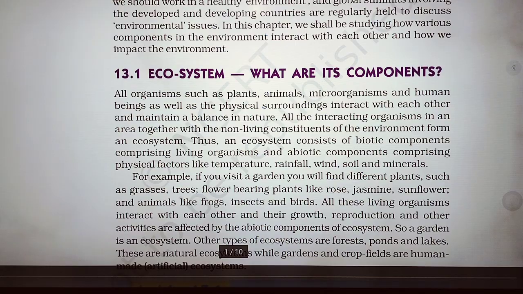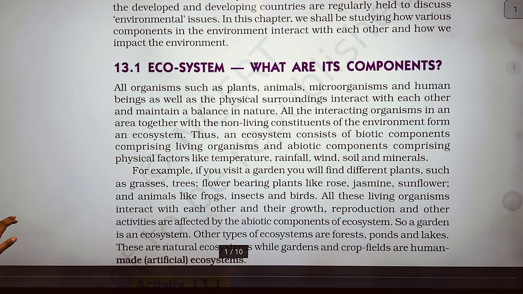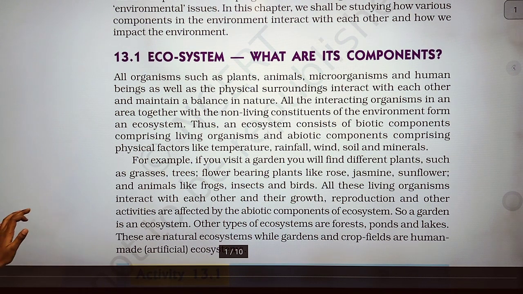Ecosystem. What are its components? All organisms such as plants, animals, microorganisms, and human beings, as well as the physical surroundings, interact with each other and maintain a balance in nature.